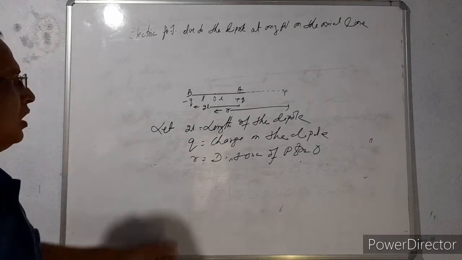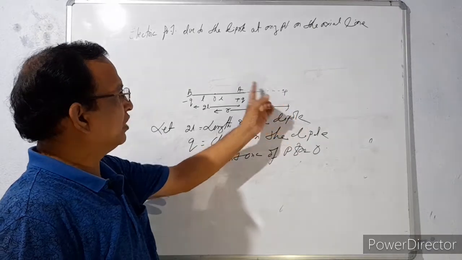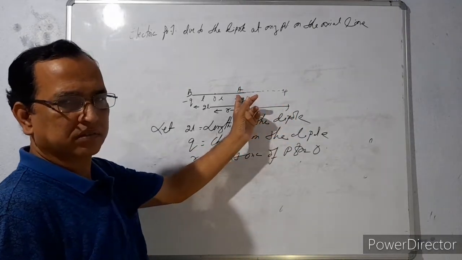Now, we can find out the potential at P due to the plus Q charge.